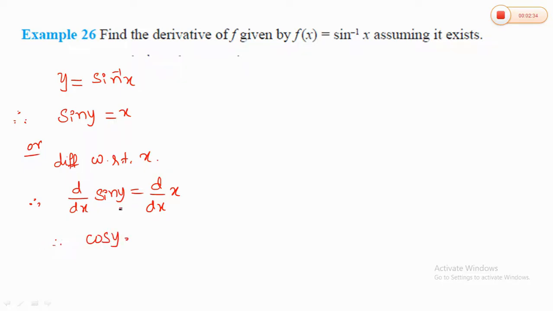And the derivative of y is dy upon dx. This is equal to the derivative of x, which is 1. Therefore dy upon dx is equal to 1 upon cos y.